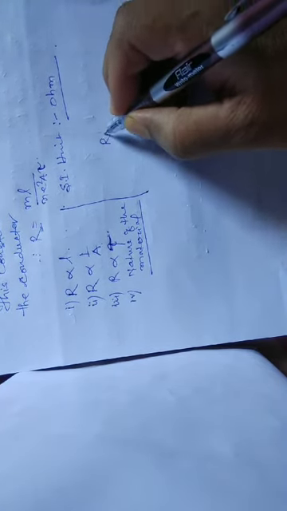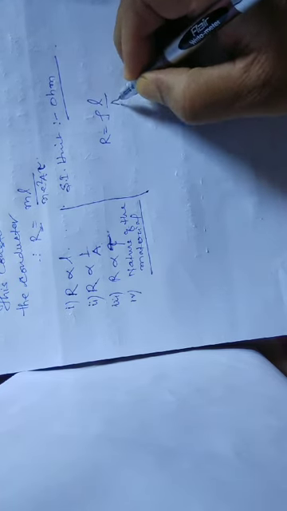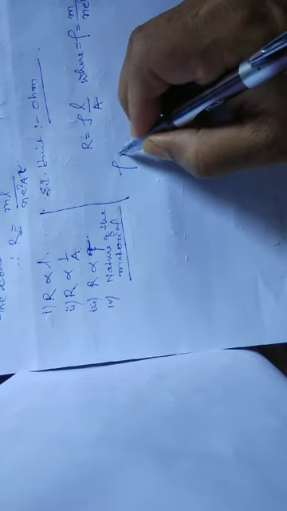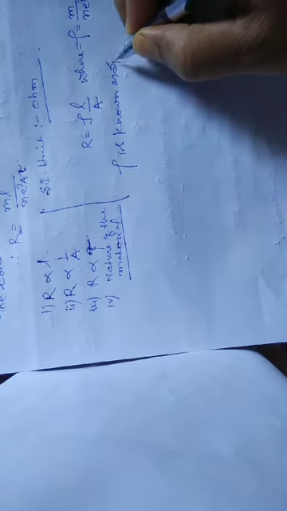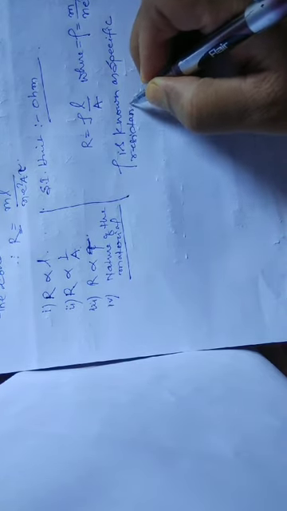Now, R is equal to rho L by A, where rho is equal to m by n e square tau. Rho is known as specific resistance or resistivity of the material of the conductor.